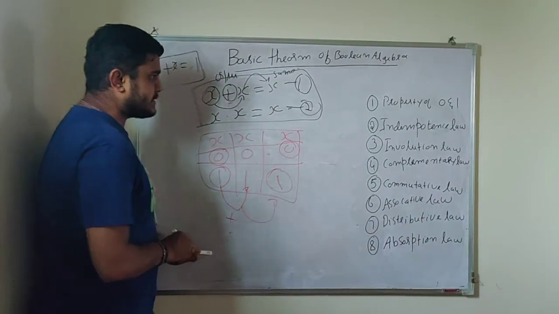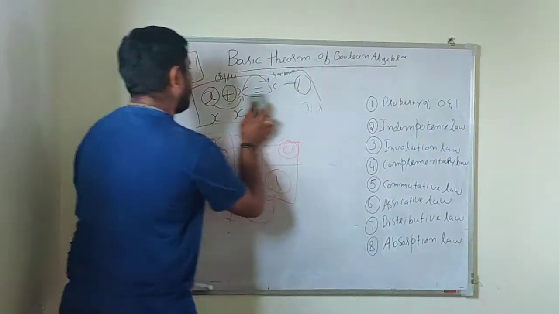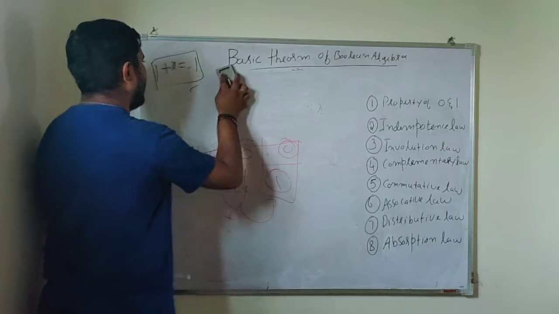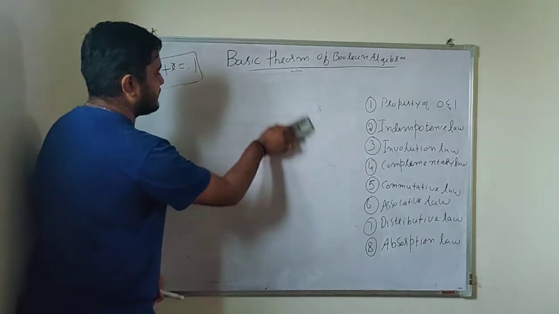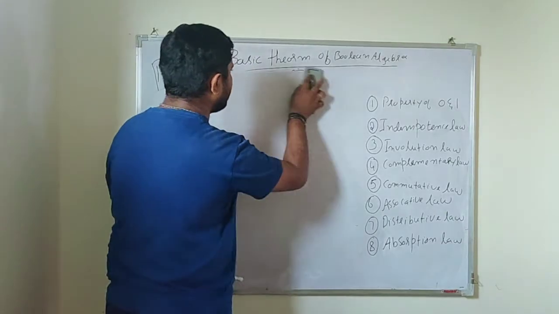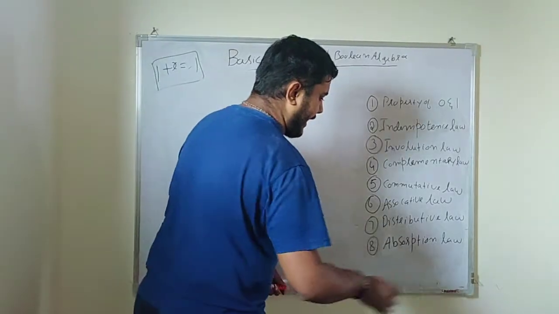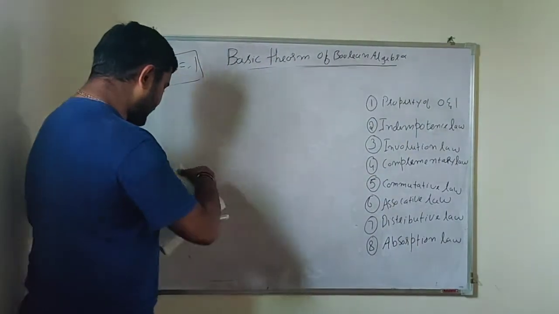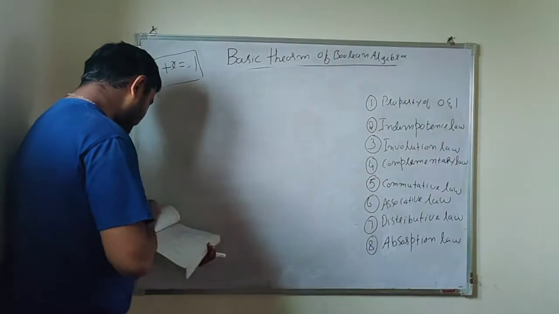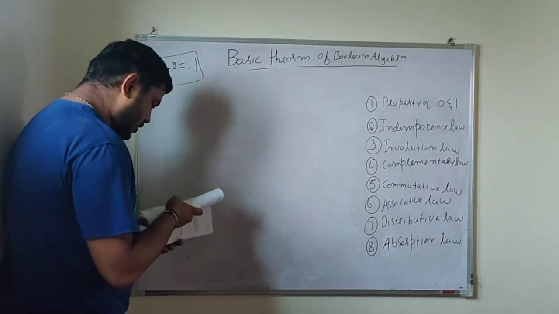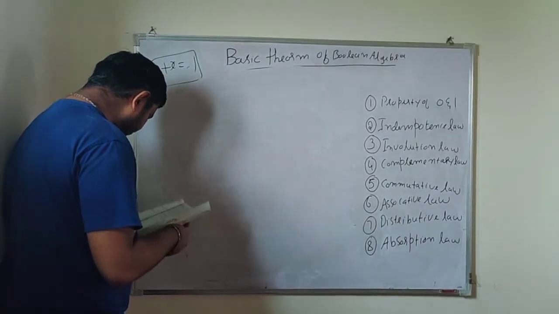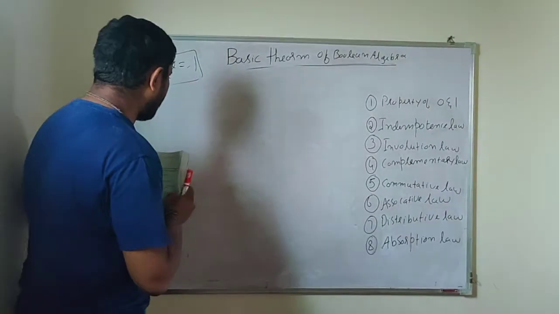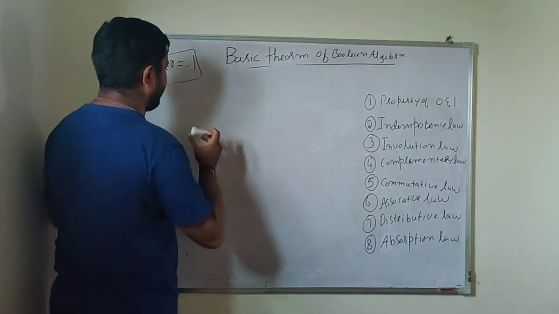Next is the involution law. What does the involution law state? It states that when a variable is inverted twice, that is, the complement of a complemented variable, the answer is the variable itself.